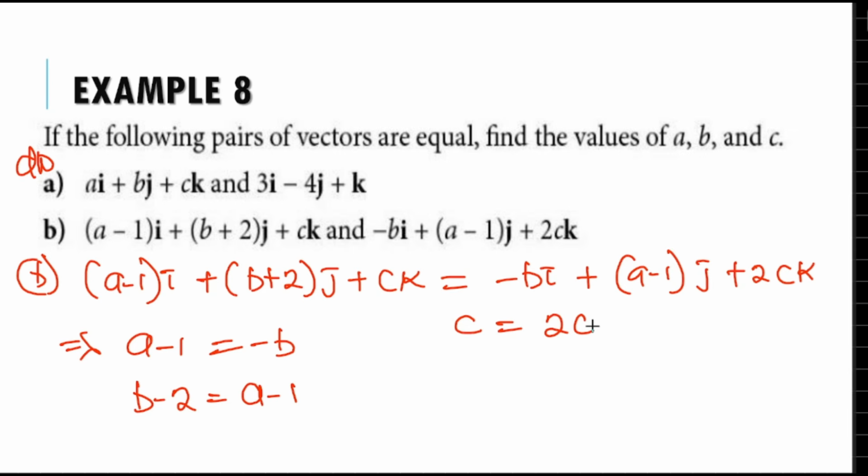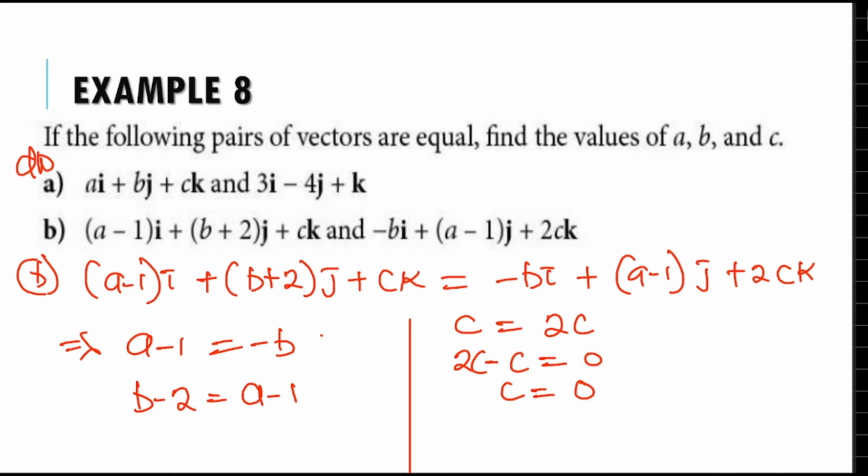So if c equals 2c, what are we going to have? We can solve this one first. 2c minus c equals 0, so c equals 0.